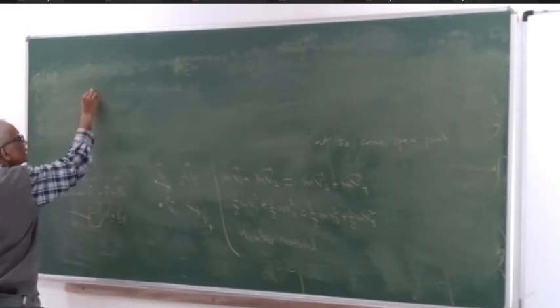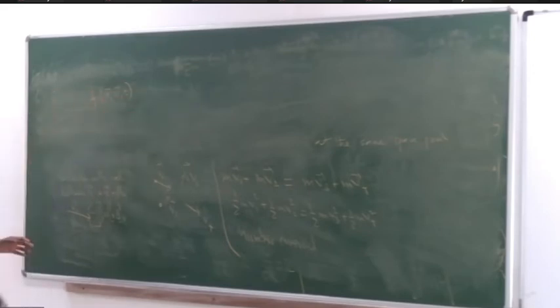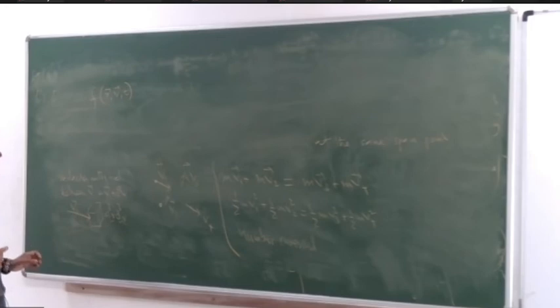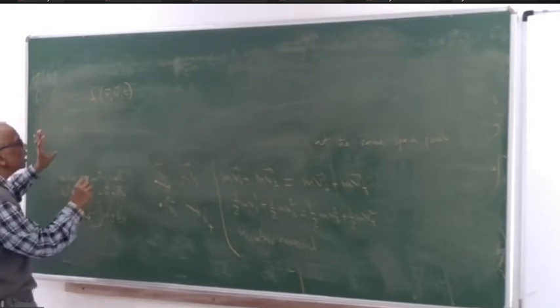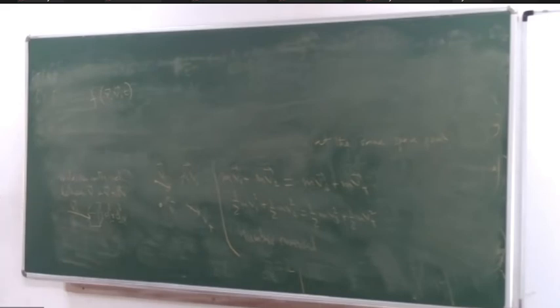So the number of molecules that have a velocity v and are located in this physical box here is going to be f(r,v,t) d3r d3v. That's the number. That's the density. So it's a number density of this.